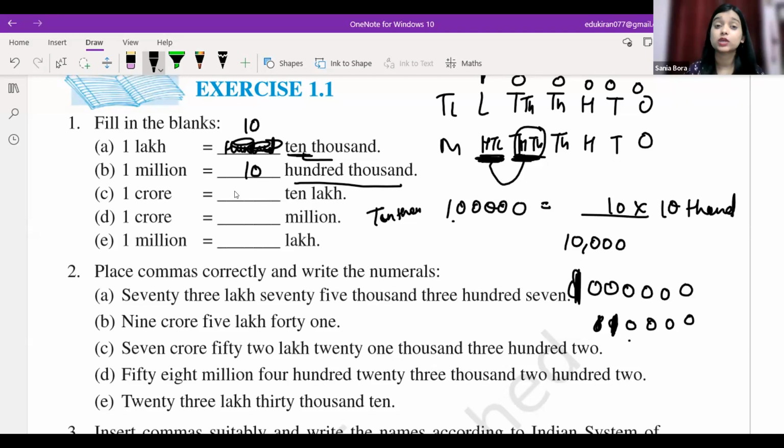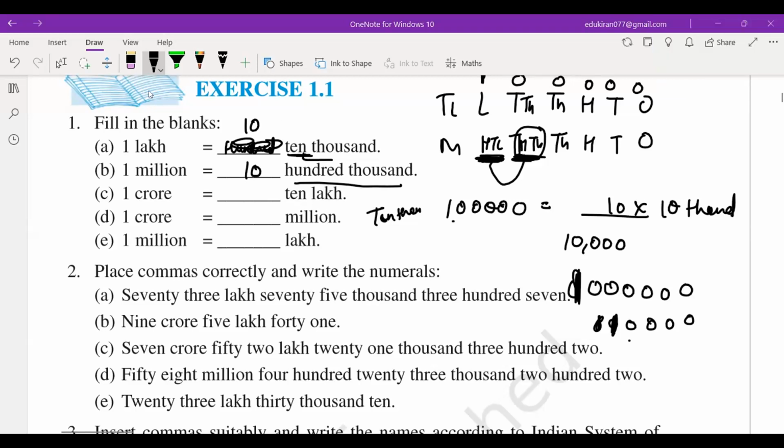Tell me how many zeros are less in 1 million and 10,000. It would be 2 zeros less.